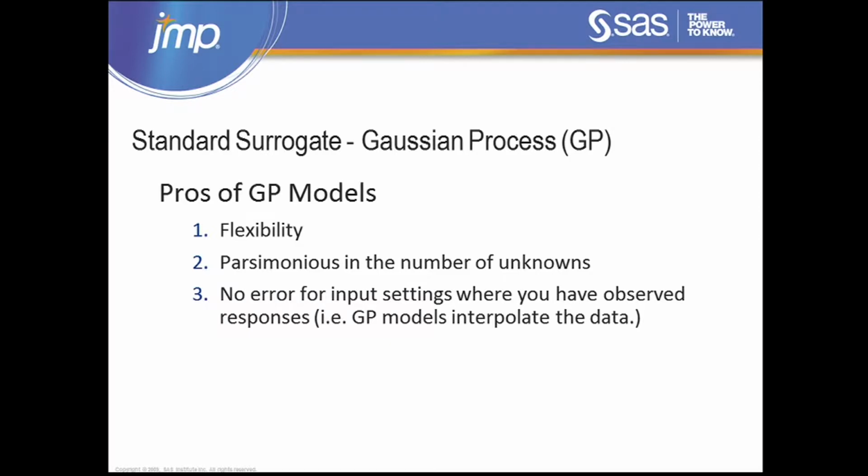And one final thing that engineers tend to like very much is the fact that at every observed value where you actually did run a simulation, the simulation result and the surrogate model result are exactly the same for a Gaussian process model. So what we say is that it interpolates the data.